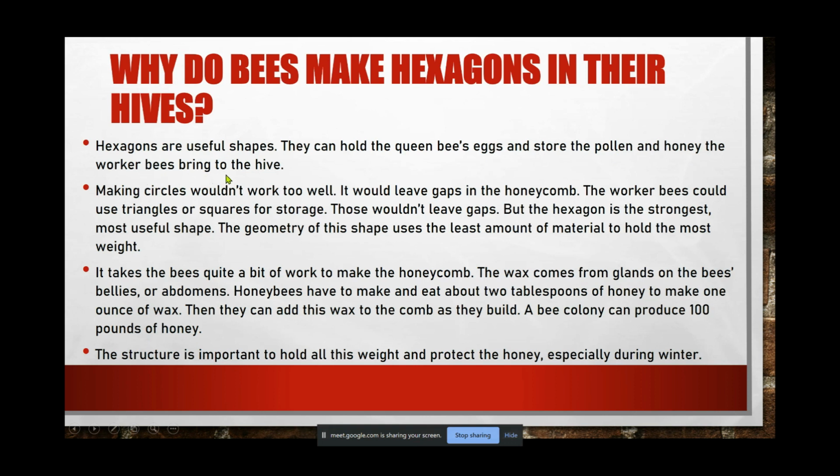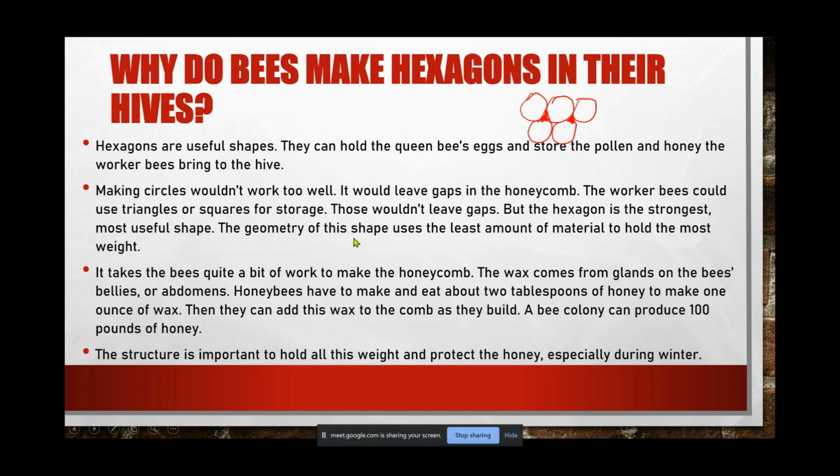If you imagine you have circles, circles, circles, you line up everything, you will have gaps in between. These are the gaps here. So it cannot maximize the use of the space over there. And the worker bees could use triangles or squares for storage, which won't leave gaps. Yes, of course, but the hexagon is the strongest and the most useful shape. The geometry of this shape uses the least amount of material to hold the most weight.